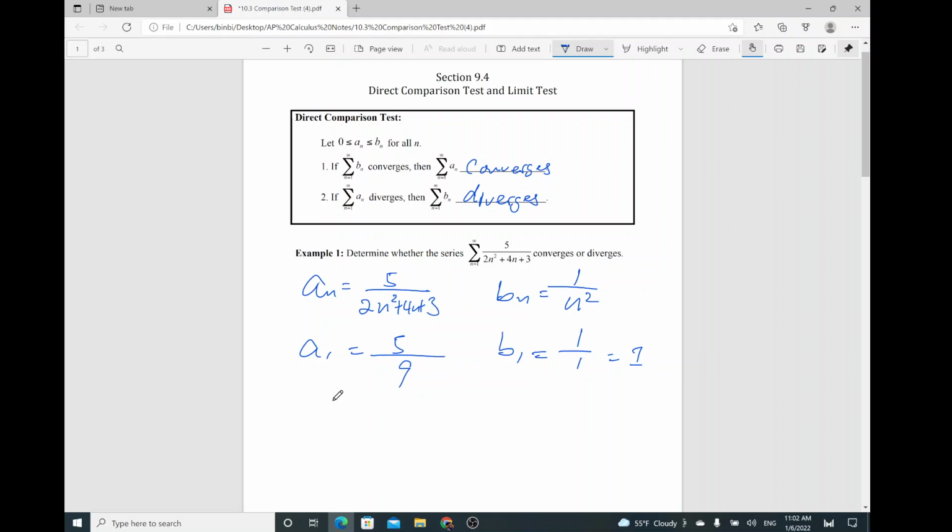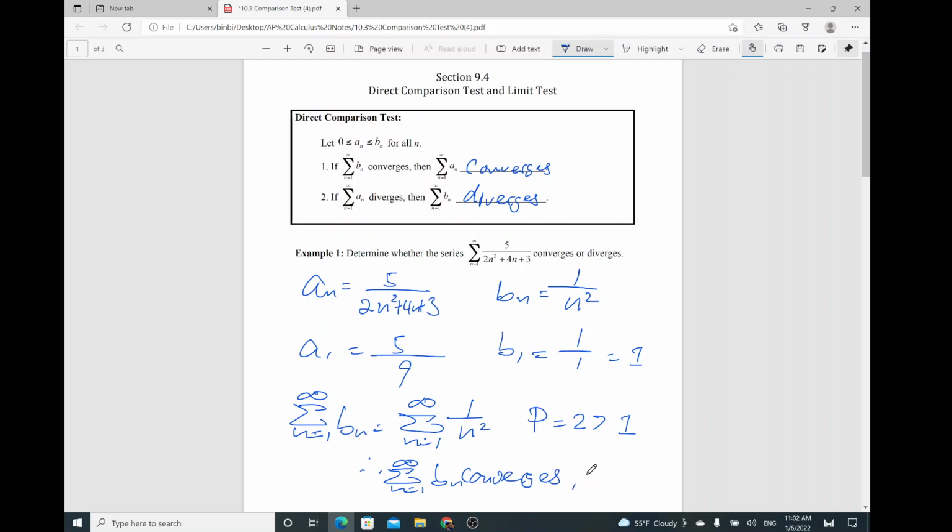So let's prove that the series of b sub n converges, so that means a sub n also converges by using the comparison test. We do know that this one is a p series. By using the p series test, p is 2, which is greater than 1. So therefore b sub n converges.